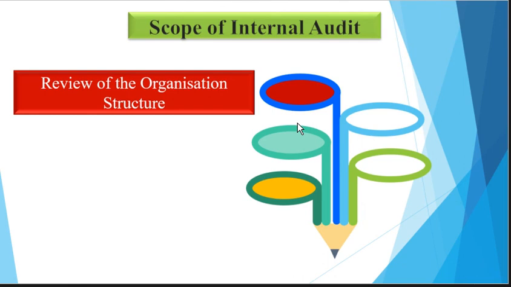Internal auditors see whether the lines of authority and responsibility are clearly defined and communicated to all the organizational levels. He should particularly see that the responsibilities of managerial staff at headquarters do not overlap with those of chief executives at operating units.